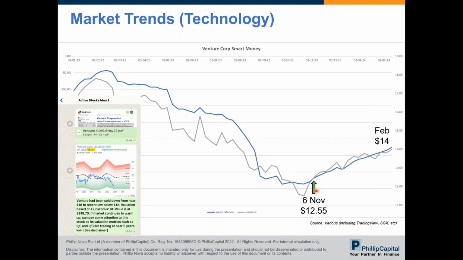So from early November until now, Venture has moved up from close to $1.50 to $2, right? And we can see that just by following the smart money to buy when they have turned buyer, and the confirmation came. We are not trying to bottom pick, right? We're not trying to pick right at the bottom and guess when the smart money will start buying.